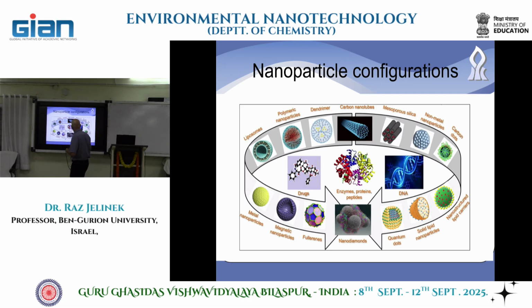For example, we can have little spheres, we can have nanodiamonds, we can have nanotubes, we can have nanowires, etc., etc. Each of these nanostructures has different properties. Each of these nanostructures can be used for different applications. The fact that we can have so many different nanostructures is the reason why we can do so many diverse things with nanotechnology.